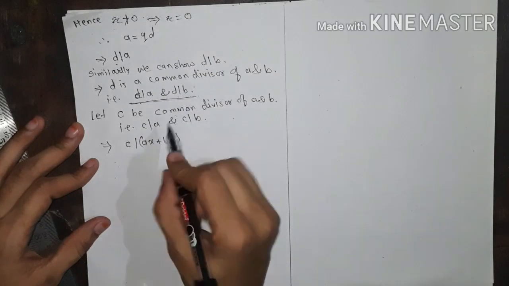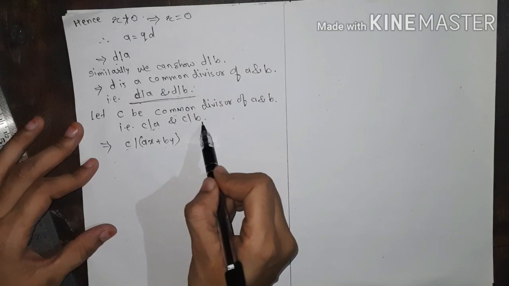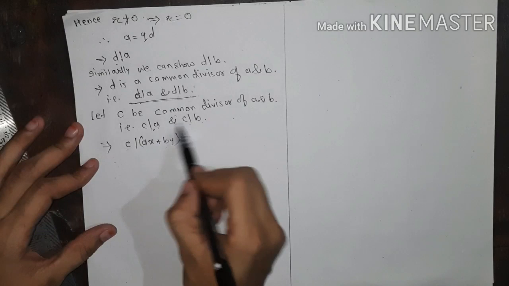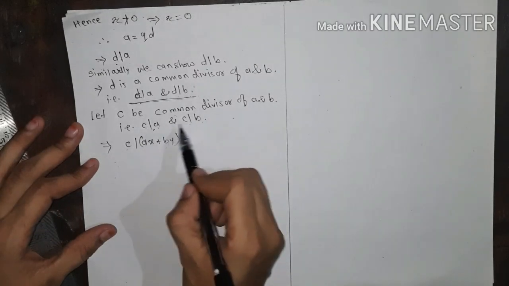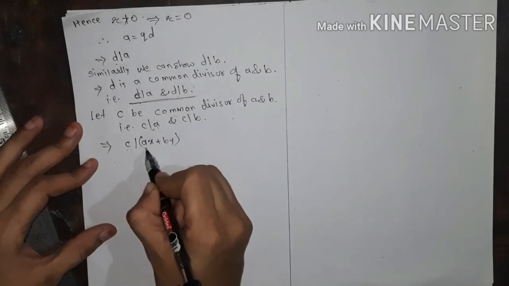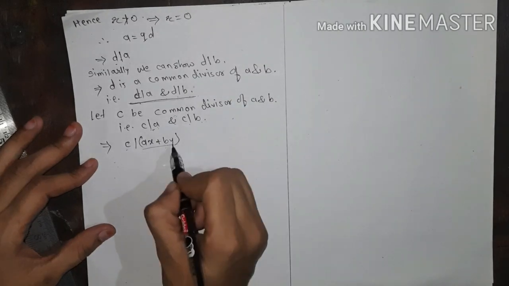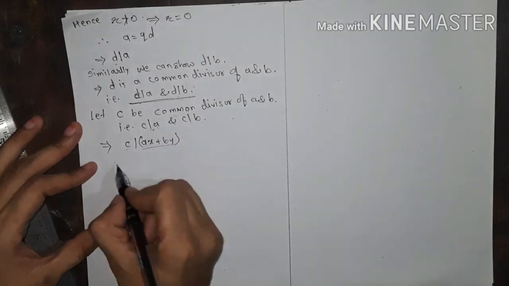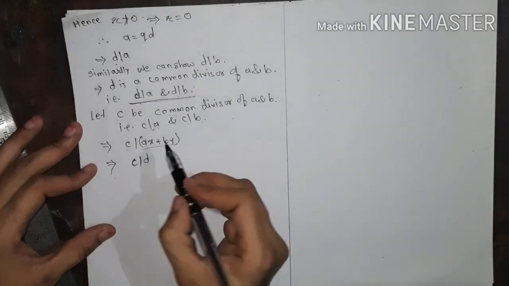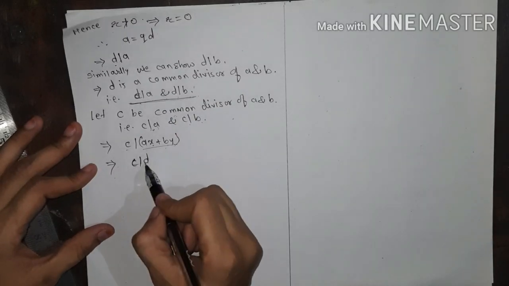This is from the theorem that we know: if c divides a and c divides b, then c divides any linear combination of a and b. We see this property in the theory of divisibility. So from this property, c divides ax plus by. This implies c divides d, because here x and y are integers chosen so that it is equal to d.